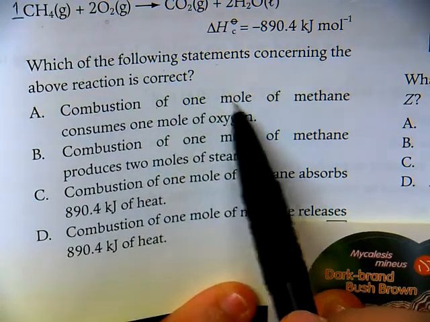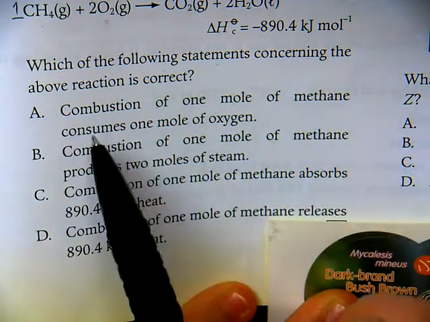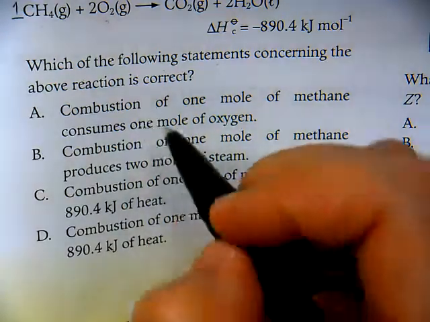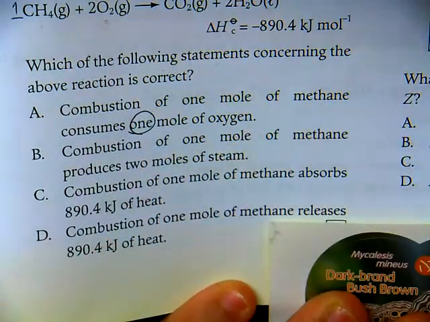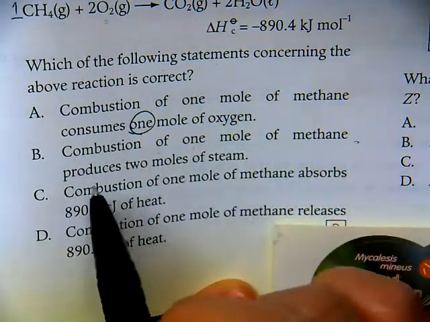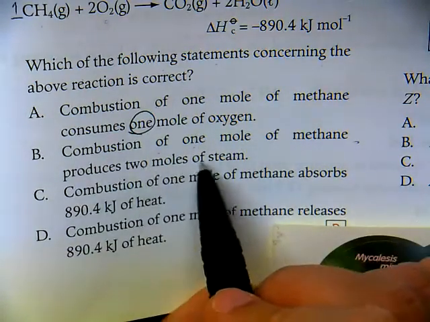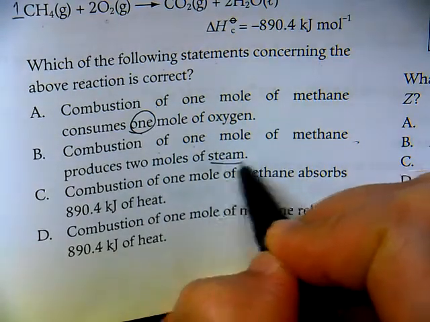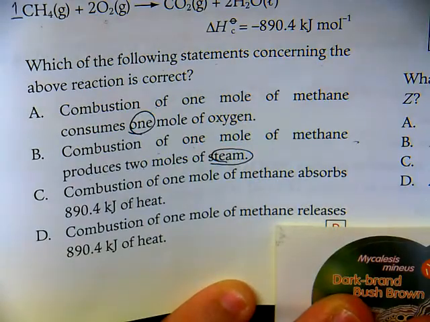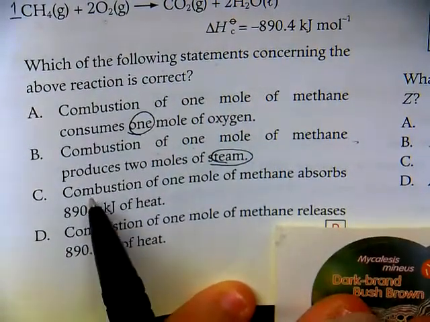Combustion of 1 mole of methane consumes 1 mole of oxygen. Obviously, it is wrong. It should be 2 moles. Combustion of 1 mole of methane produces 2 moles of steam. Is it correct? It's wrong, because, referring to the equation, H2O is in liquid state.